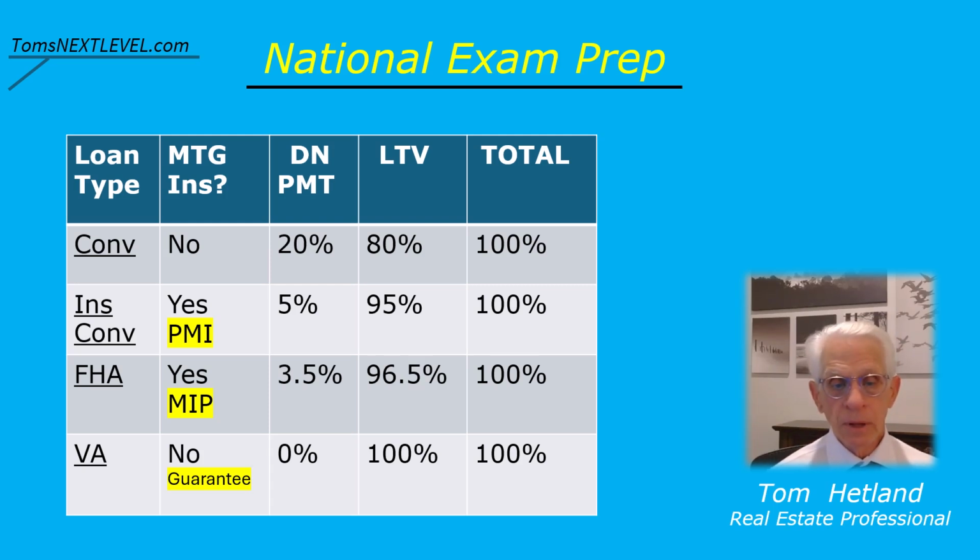Remember I said PMI on the second row there, it stands for private mortgage insurance. That's how you should be able to remember it. PMI is private mortgage insurance, not government mortgage insurance. So PMI is private, a conventional loan is a private loan. An FHA loan, I would refer to as a government loan. Government loans, FHA loans, have mortgage insurance premium.